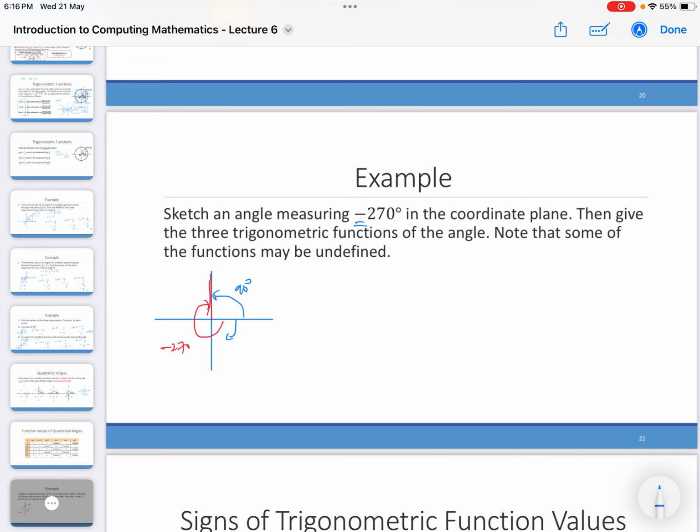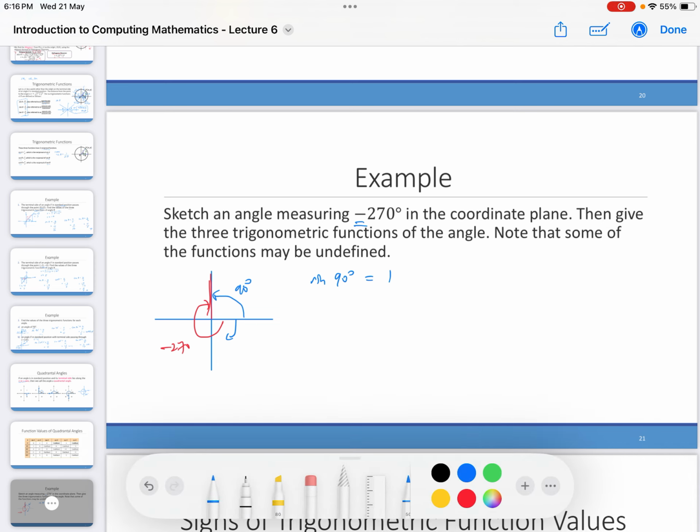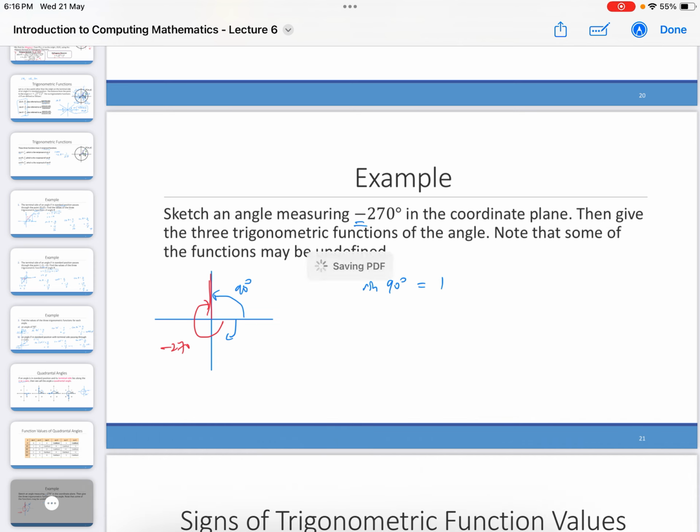So we want the three trigonometric functions. We want sine of 90 degrees, and from the table we get that this is equal to 1. So sine of negative 270 degrees is equal to sine of 90 degrees, which is equal to 1.